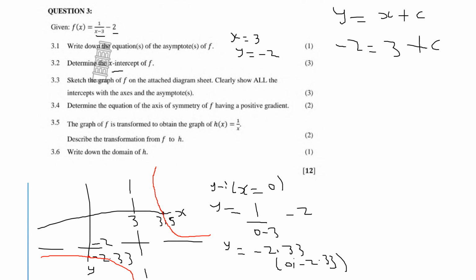So we know that this will be negative 2. The number will go to the other side, becomes minus 3, and then the whole thing equals c. So this will be minus 5 equals c. So we know that the equation will come back as y equals x minus 5. And that's it. That's your axis of symmetry.